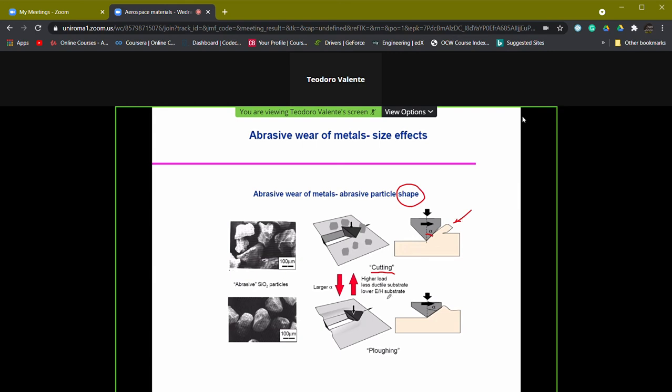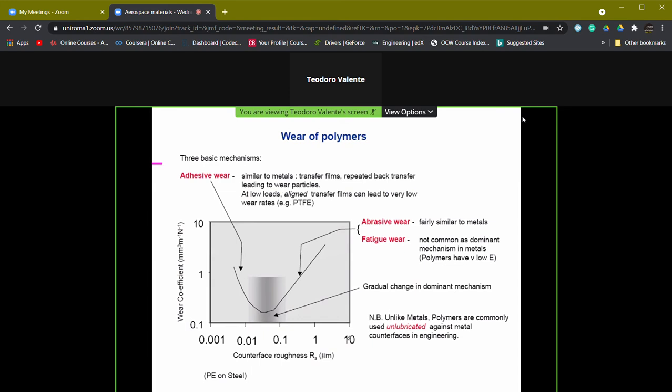When instead this angle is higher, we have a sort of blunting. But in any case, you see here we have wear tracks because material is removed from the soft material surfaces.